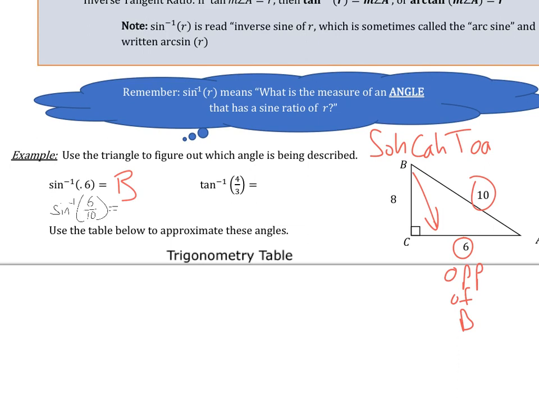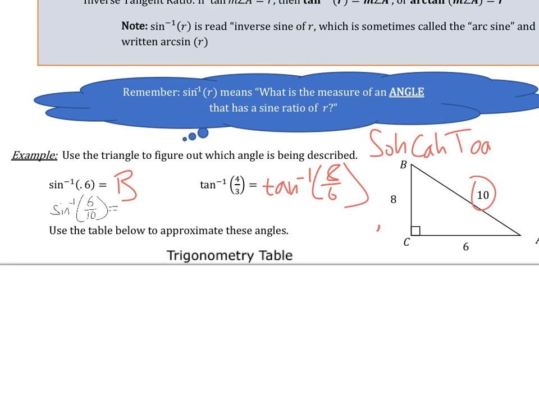So, which angle has a tangent of 4/3? There's no 4/3 here. Oh, well, there is an 8 and a 6, and 8/6 is the same as 4/3. So that's the same as saying the inverse tangent of 8/6, or we're saying which angle has a tangent of 8/6.